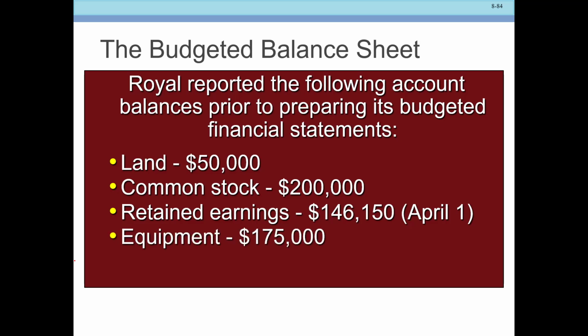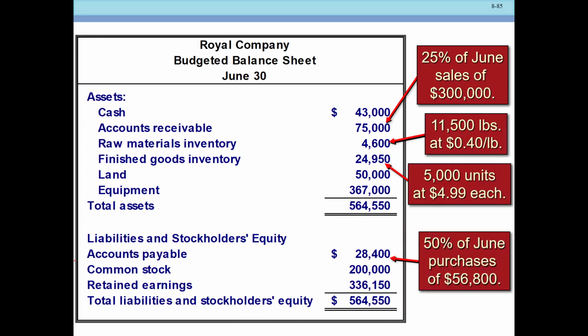The budgeted balance sheet includes some judgment. This is why the company reported the following account balances prior to preparing its budgeted financial statements. Land is 50,000, common stock 200,000, retained earnings as shown, equipment, and so on. Actually, this is what we call the judgment approach, which means it depends mainly on the judgment of the finance manager or the accountant.